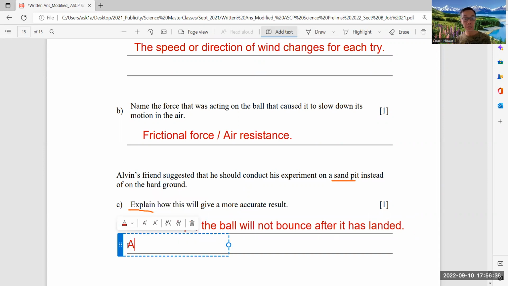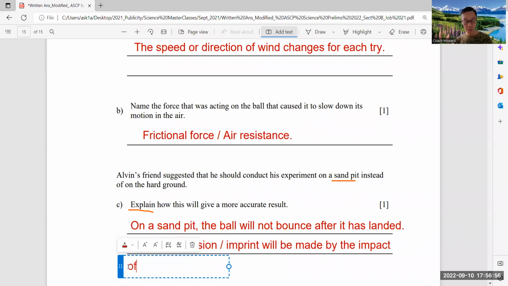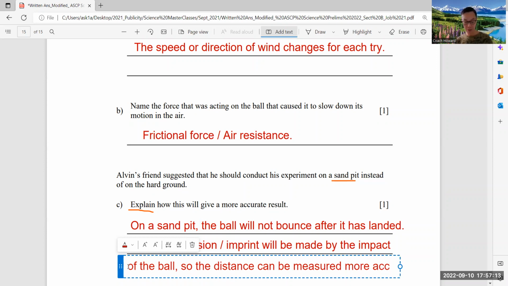A clear depression, or something called imprint, will be made by the impact of the ball. So the distance can be measured more accurately.